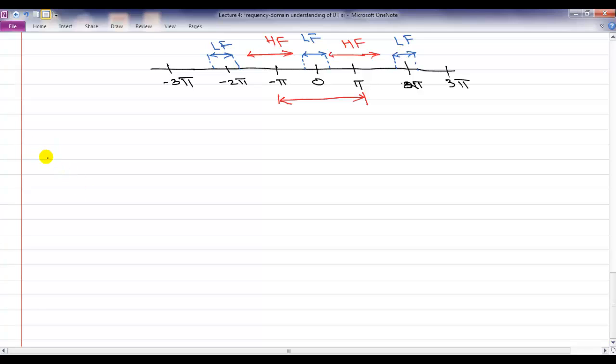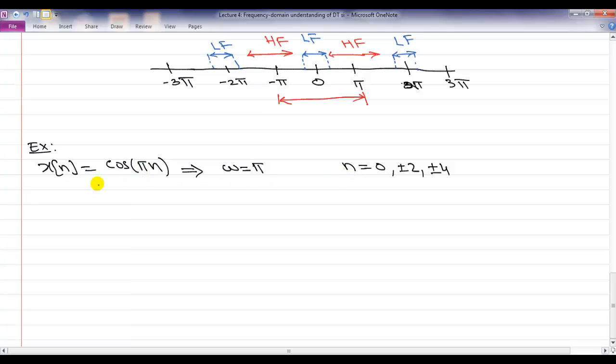So if you were to think of, for example, let's take a signal of x[n] equal to cosine of pi n, okay, which means that this has a frequency of pi radians per sample. Now, cosine of pi n, we know for n equal to 0, for any even n, right, what will x[n] be?